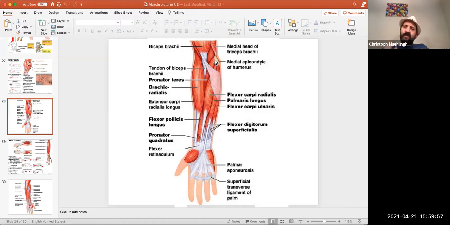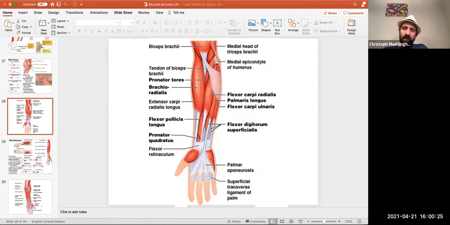So when we look at the forearm muscles, we look at the ones in the front first. There are many layers, but we look at the top layer, and the top layer is all attached at the medial epicondyle. We're looking at four muscles in the forearm. One is right here and goes a little diagonal over towards the thumb.